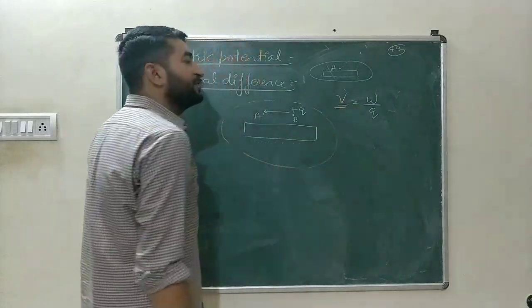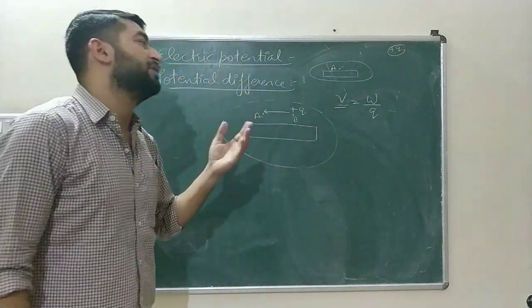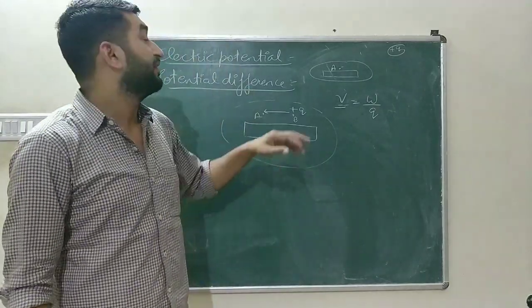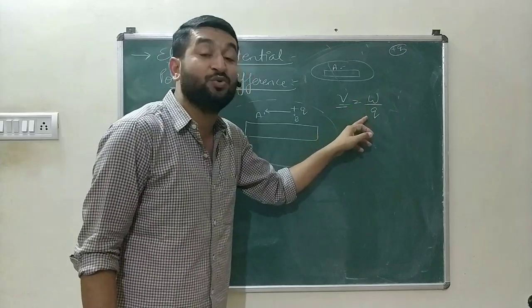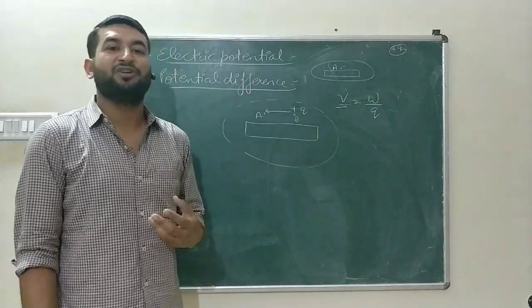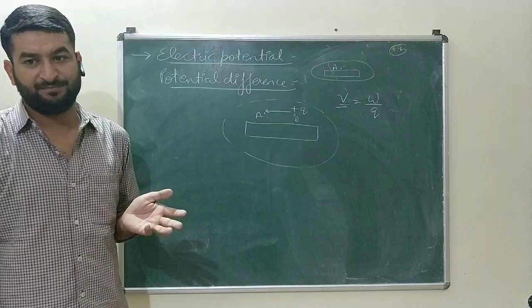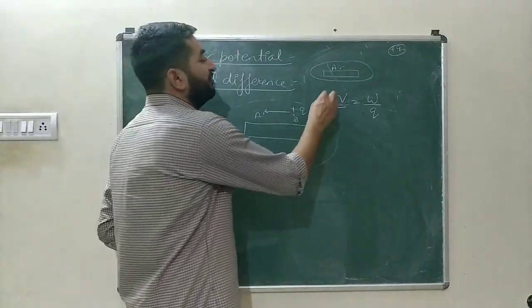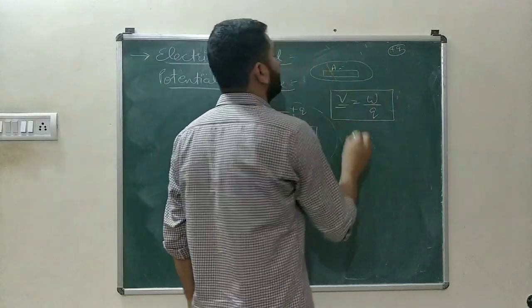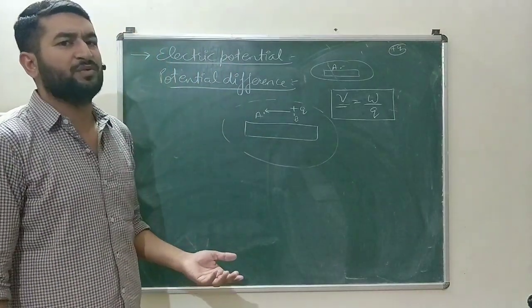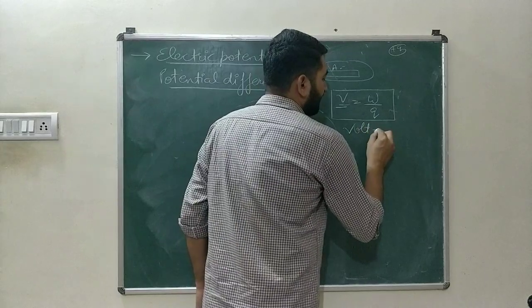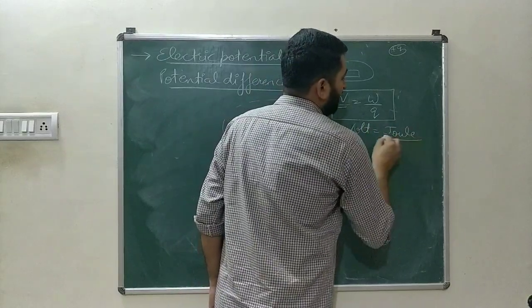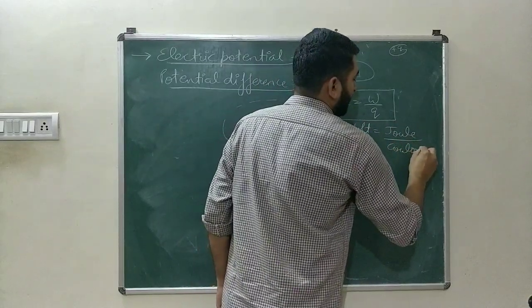Potential difference is also represented by V. Electric potential is also represented by V. The formula of electric potential is V equals work done upon charge, W by Q. The formula of potential difference is also the same: V equals W by Q. The unit is also the same, that is volt. Volt equals joule per coulomb.